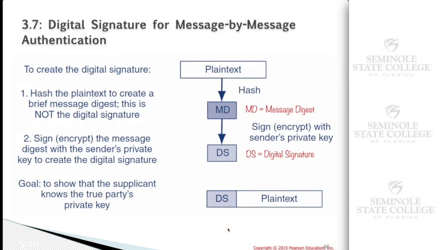All right, so let's see how this is done. Remember, what we are trying to do here is simply authentication. So how do we authenticate, and how do we make sure that at the same time your message is exactly what it is? So we are also taking care of the integrity. What you do is you take your plain text, that's your message, and you put it through a hash.